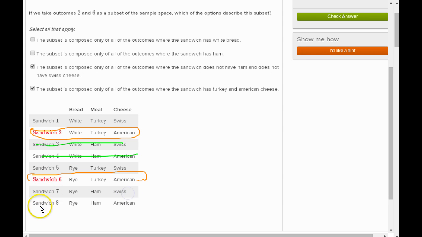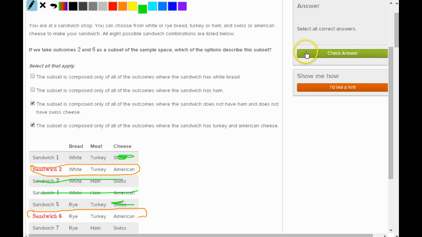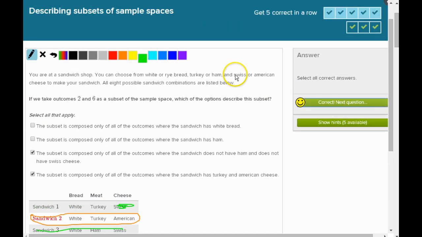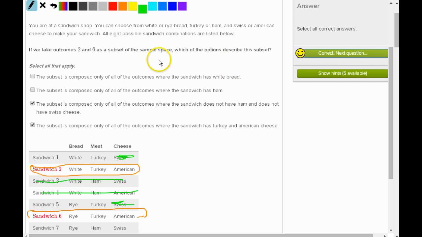Oops, that one won't erase. For whatever reason, it doesn't want me to erase those two, but it's going to get rid of those two bottom ones. And not ham and not Swiss, so that would get rid of this guy and this guy. So yeah, that one is actually true, and so is this one. So we've got both of those two, and we check it there, and then we're doing pretty good. So that's how these are done. I'll let you work on the rest on your own.